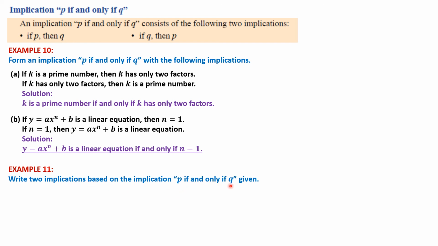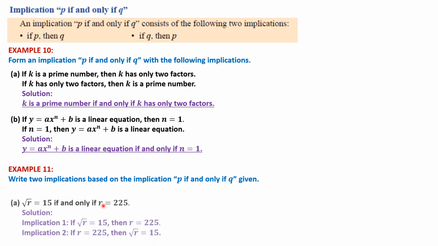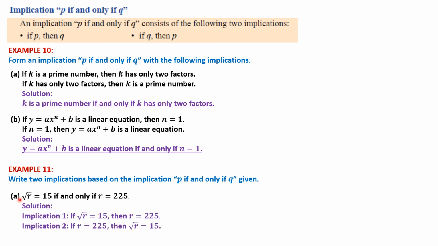For example 11, write two implications based on the implication P if and only if Q given. So we look at another example. This one is in the format P if and only if Q. So how do you write two implications?